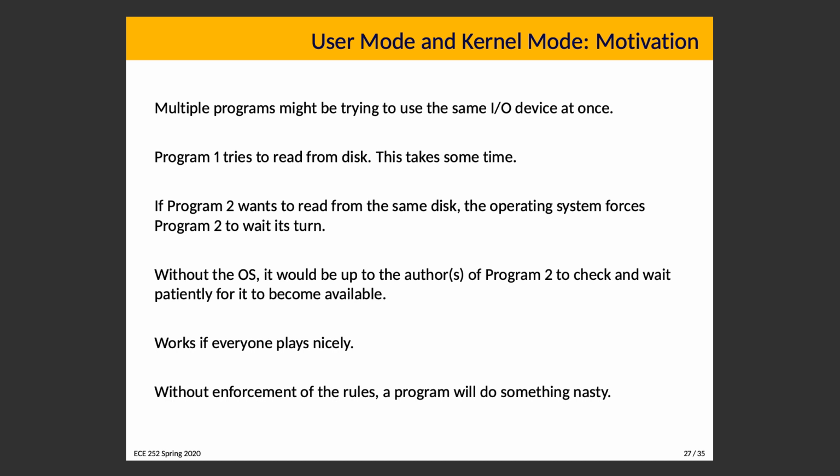Well, without the operating system, it would be the responsibility of the authors of program 2 to check, can I use the disk now? No, okay, I'll add myself to the queue, wait patiently for the device to become available, and then execute our request. This could work if everybody plays nicely.